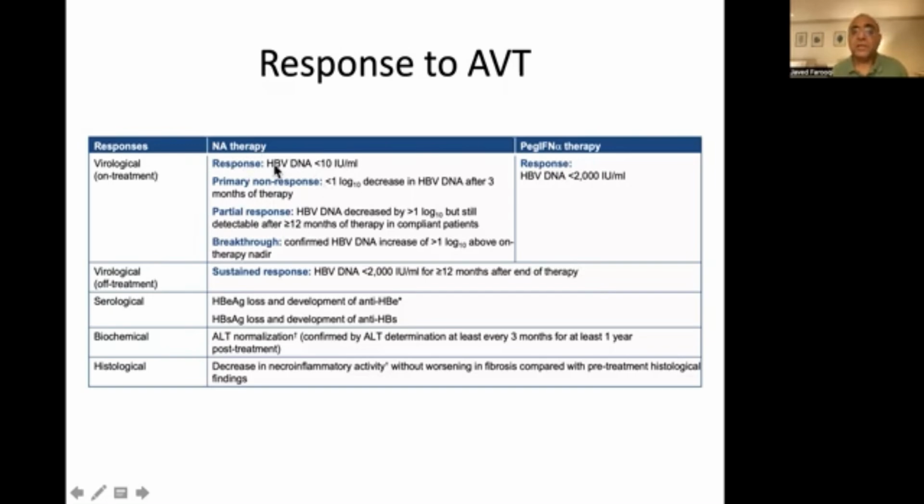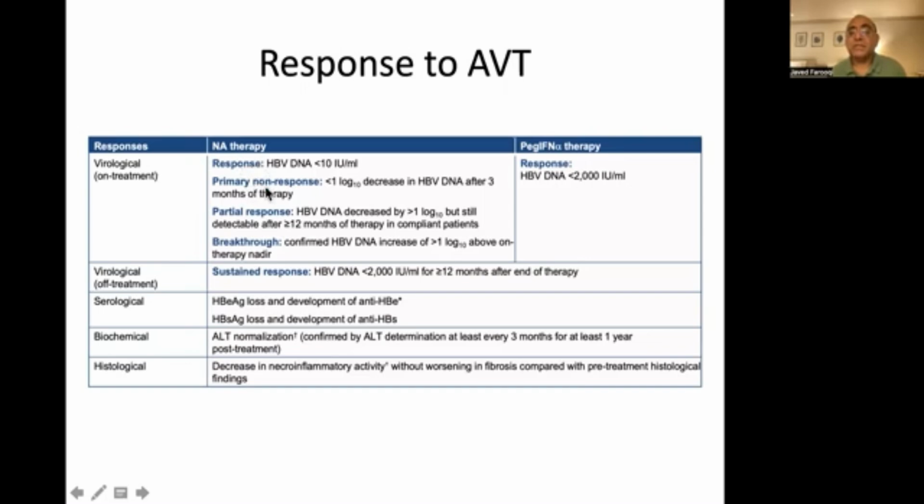Coming to the oral therapy, if you started a patient on oral therapy, the response is defined as when the DNA level is less than 10 units per ml. You see, for pegylated interferon it was less than 2000, for oral it is less than 10 units. This is called response, or response has been achieved on treatment.